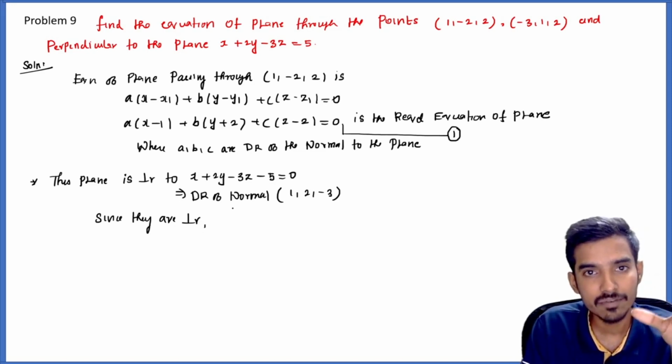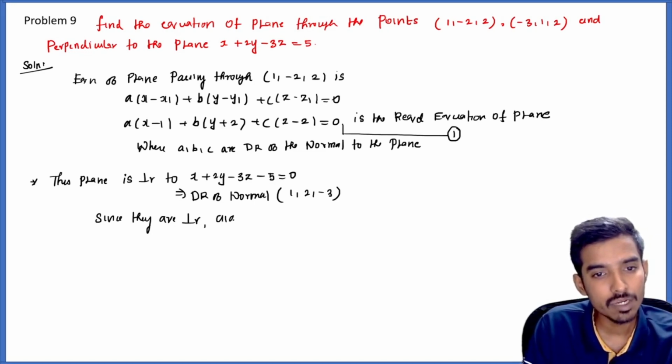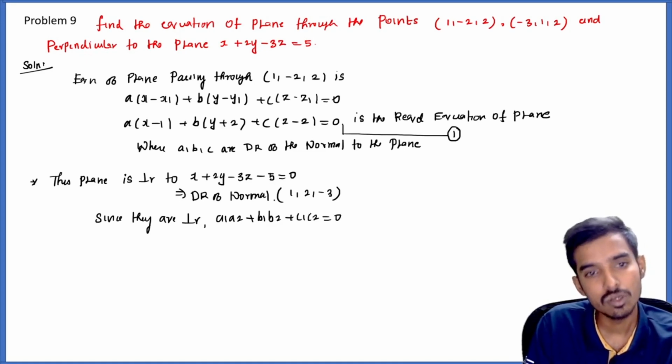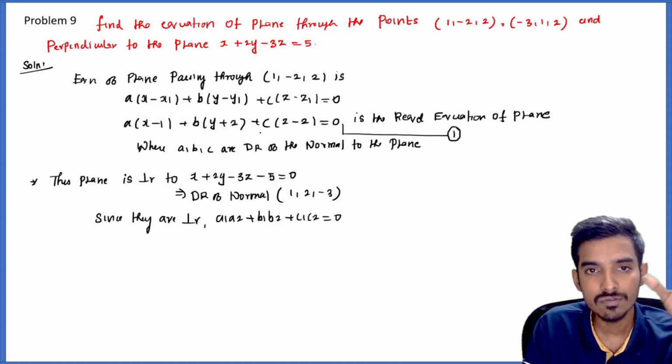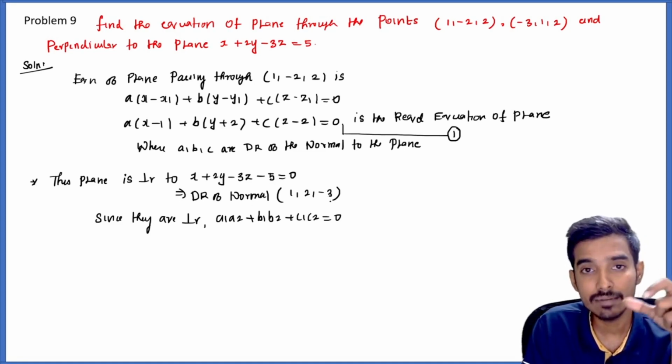We know the direction ratios of both the normals. This implies a1 a2 plus b1 b2 plus c1 c2 is equal to 0. So a, b, c is the normal of the first plane, and 1 comma 2 comma minus 3 is the normal of the second plane.